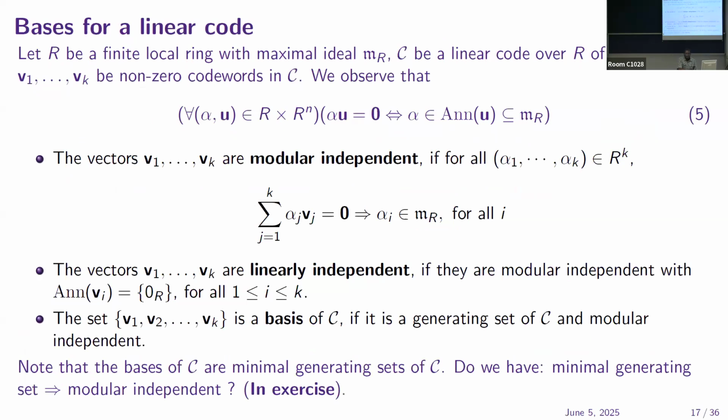Okay. Basis of a code. Let R be a finite local ring with maximal ideal m. C is a linear code over R of length n, and v1, ..., vk are non-zero codewords in C. We observe that there is a fact that is important.